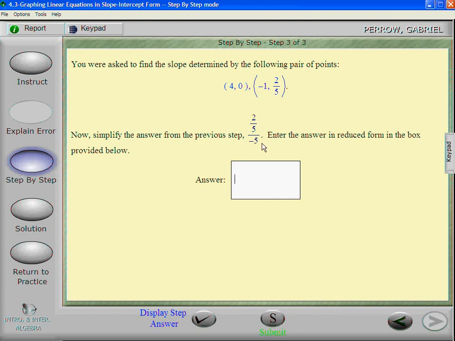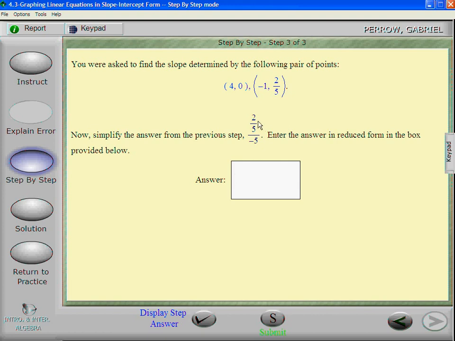A limitation for me, because I'm explaining it through the software and not on a whiteboard, is that I can't show you this step nice and clearly on the screen here, but what I do is I think of this as 2/5 divided by negative 5 over 1, and I'll end up flipping and multiplying, so I end up with negative 1/5 multiplied with 2/5.